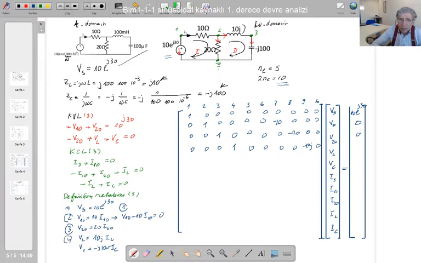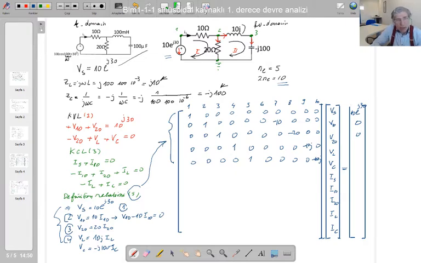Fifth one, V5, 0, 0, 0, 0, 1. The last one is minus 100J. So 0, 0, 0, 0. Now these 5 equations that I wrote are the definition relations.